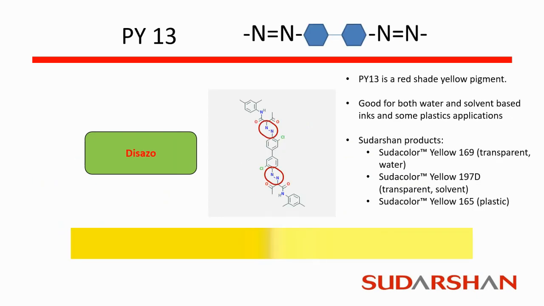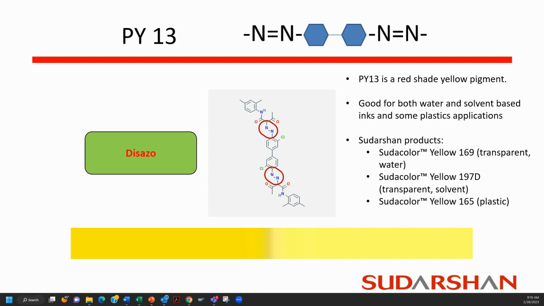Moving over to the disazo, again, two azo functionalities in these structures. The example I chose was the pigment yellow 13. This is more to the redder side of the space. Typically, these are developed for both water and solvent inks and some plastic applications, but those are limited based on the heat stability.